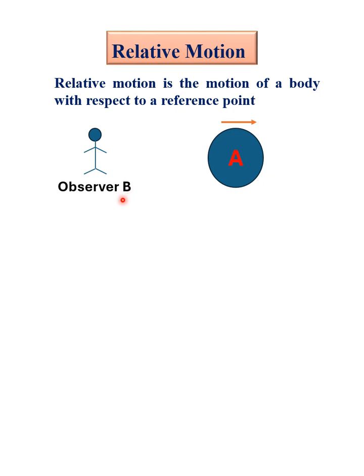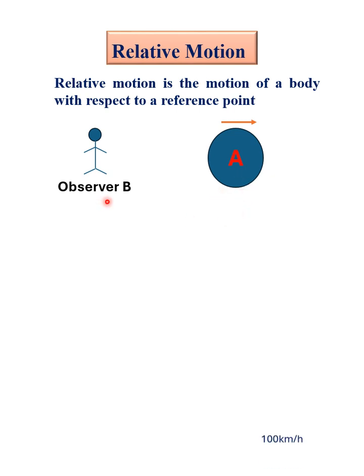We can say the relative motion of A, because A is the one moving, with respect to an observer B, is the motion of A as observed by B. In other words, relative motion of A is how B sees the motion of A. That is what we mean by motion of A with respect to B.